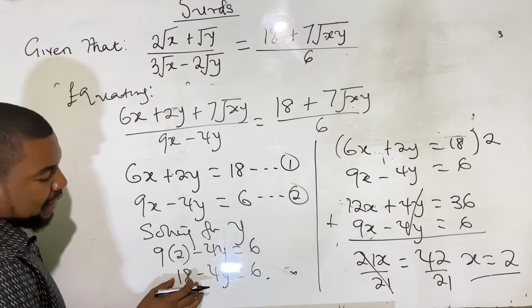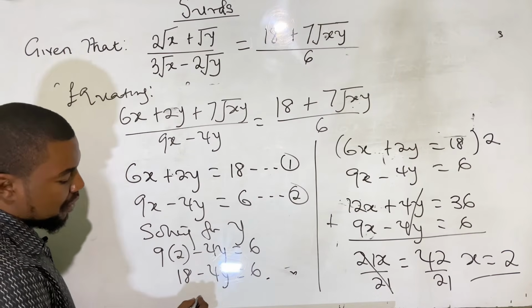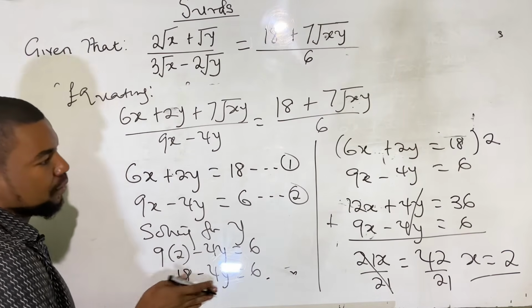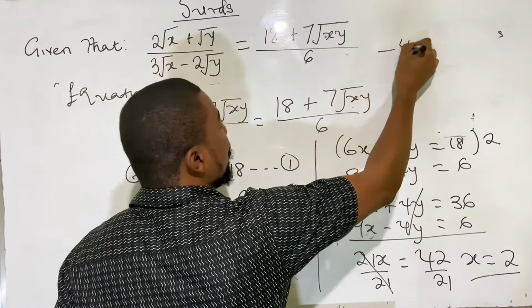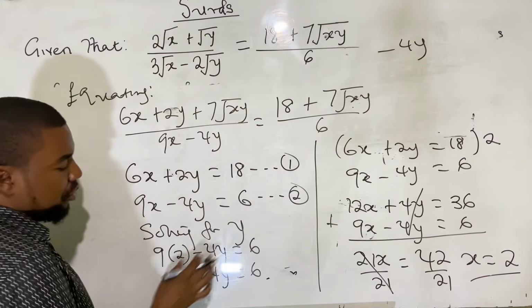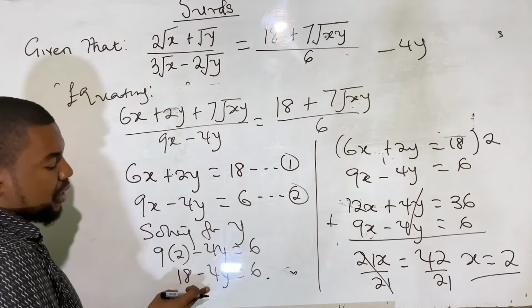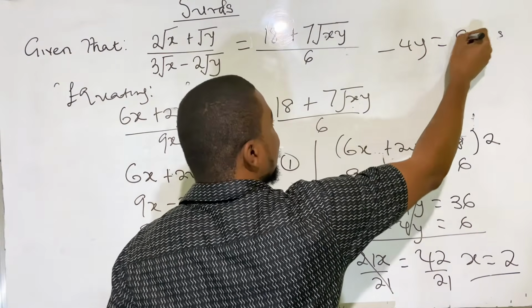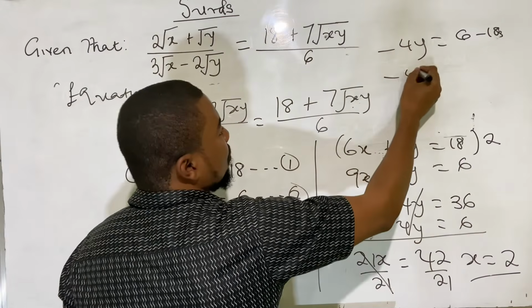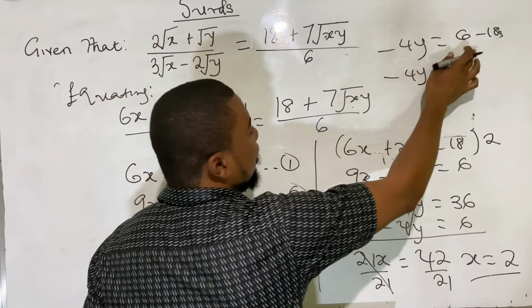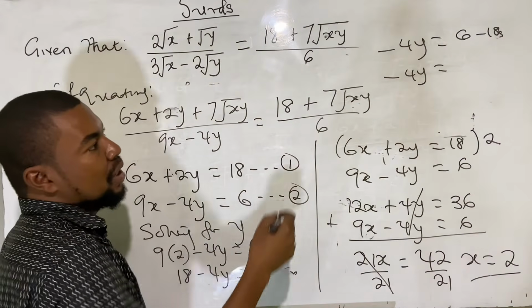I'm going to move the 18 to the other side, and we have minus 4y equals 6 minus 18. 6 minus 18 is going to give us negative 12.